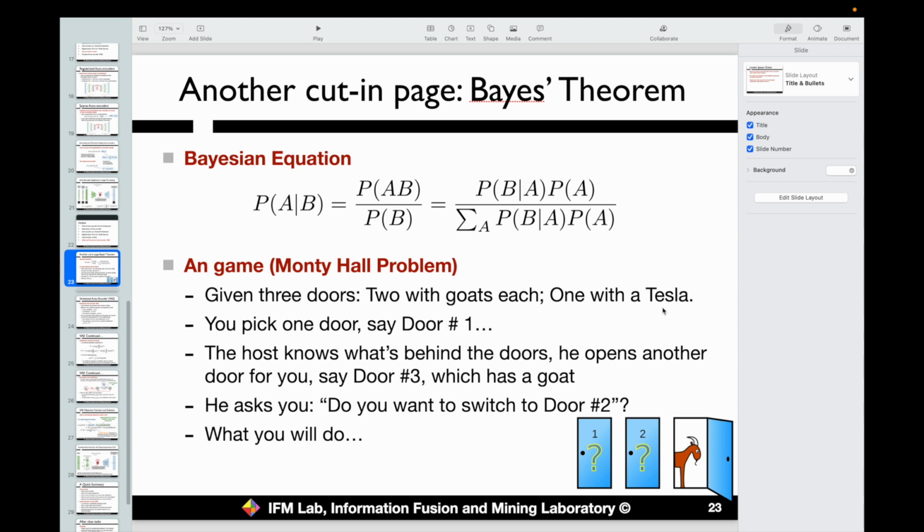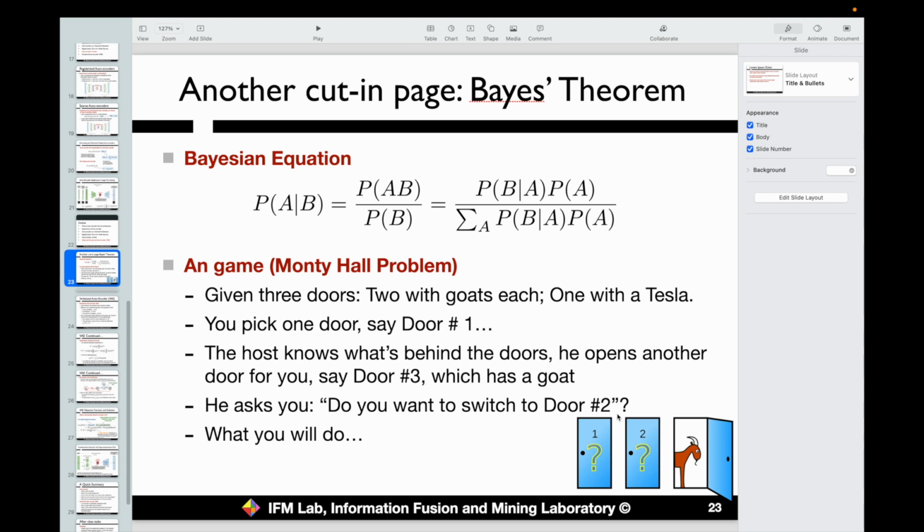You can pick any door by yourself, and you get the item behind the door by default. Let's assume the host knows what's behind the doors, and given you randomly pick one door, say door number 1, the host will open another door for you, say door number 3, which has a goat. Then the host will turn to you and ask, do you want to switch to door number 2 or not? What will you do?